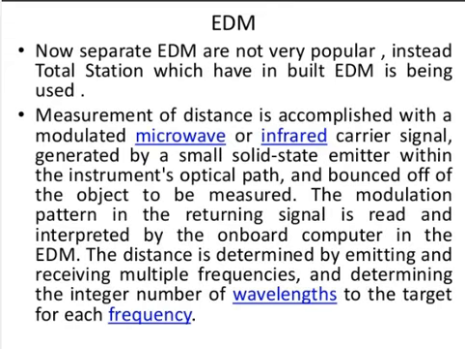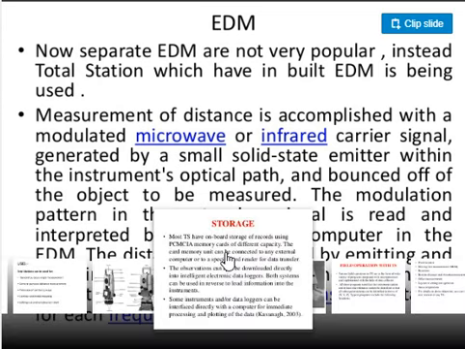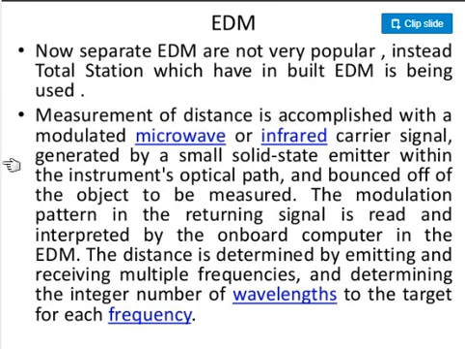So what is an EDM? It is a distance measurement instrument. It calculates the distance between two points using a modulated electromagnetic wave taken from a spectrum. This electromagnetic wave can be a microwave or infrared. The source is from your instrument.